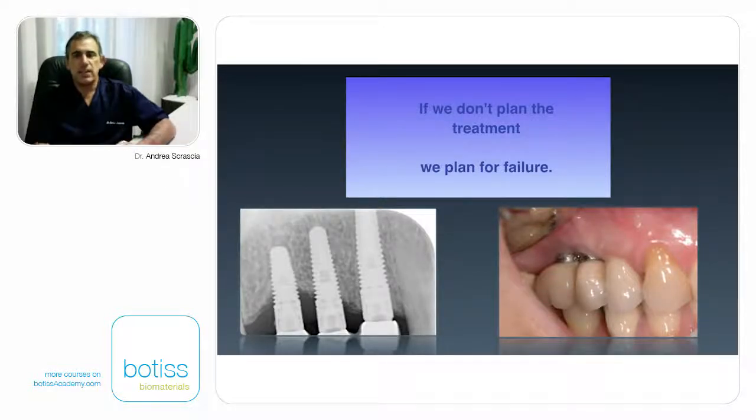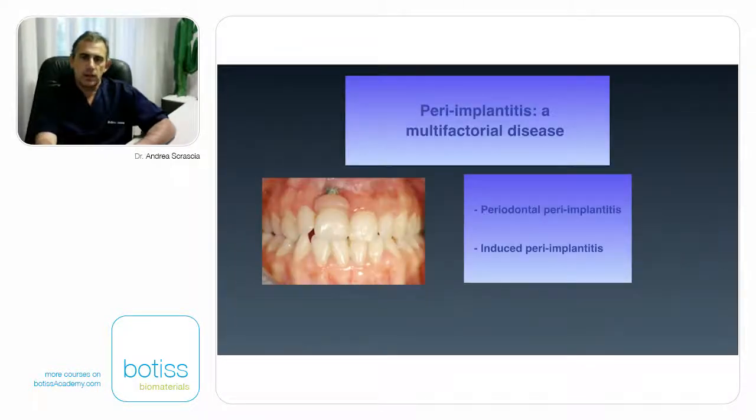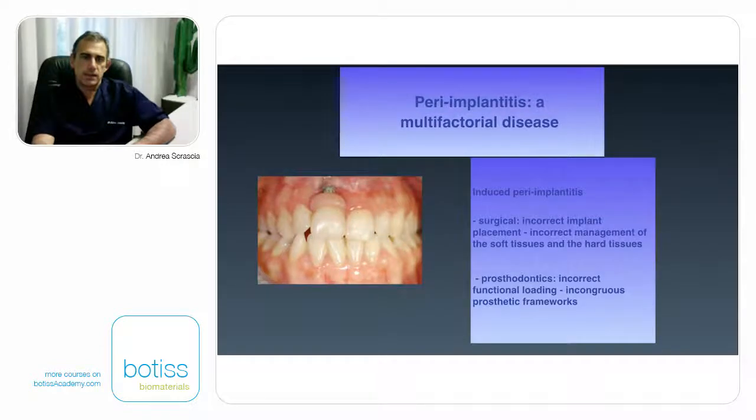Consequently, this is an induced periimplantitis. Periimplantitis is either periodontal periimplantitis or induced periimplantitis. The induced periimplantitis could be either surgical or prosthodontic.